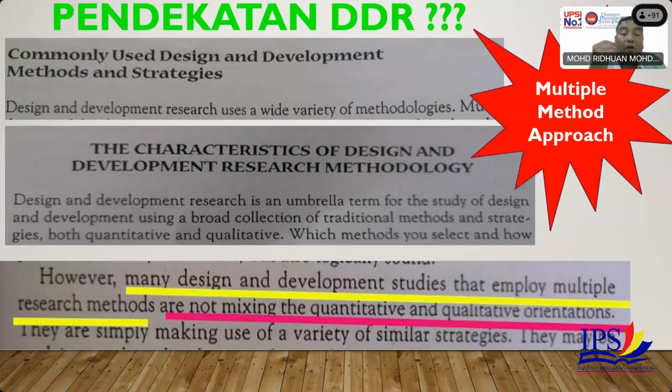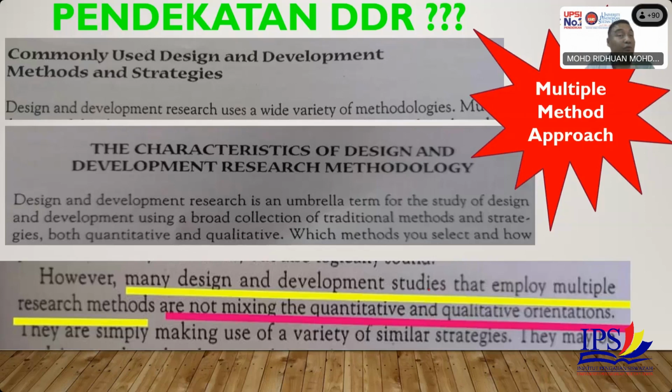However, many design and development studies that employ multiple research methods are not mixing the quantitative and qualitative orientation. So, actually, DDR is one type of multiple approach, because we can use any method in DDR.